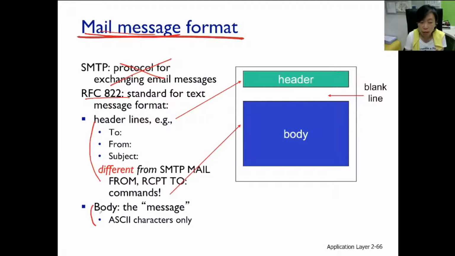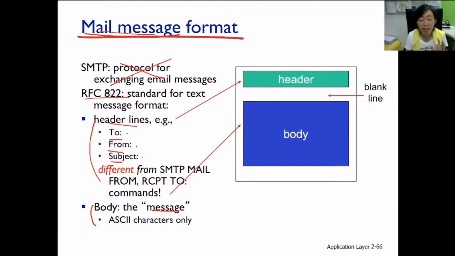In that protocol, the mail message has two parts only. The header, containing a number of header lines, specifying who the receiver is, who the sender is, and what the subject of the communication is. In the body, very simple, just the content of the communication.